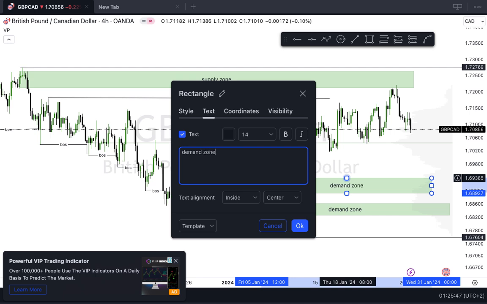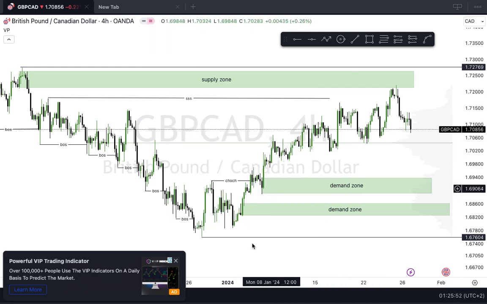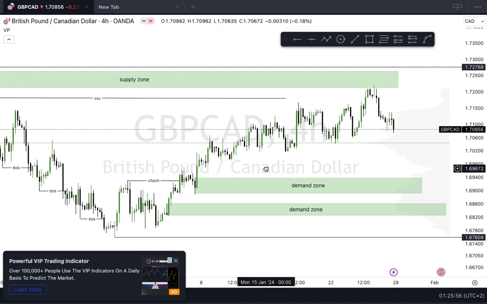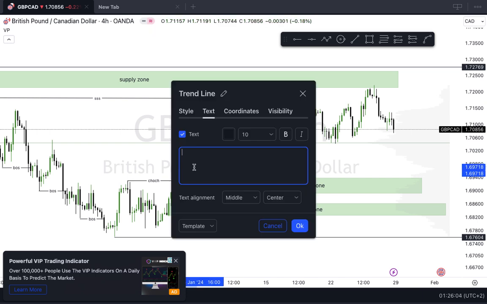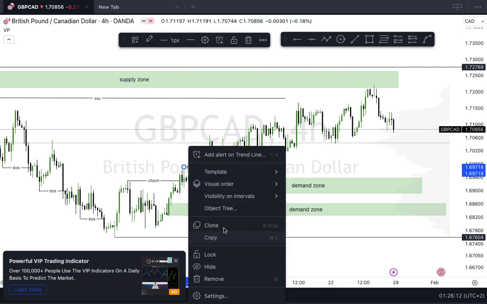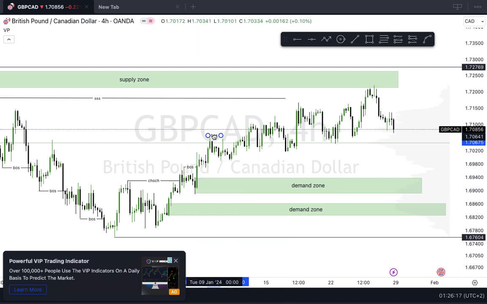After that, we can definitely see that the market continued breaking structures to the upside. We got a break of structure there, meaning that demand zone is valid because there is a break of structure above it, you understand? And then second, we have our second BOS here.